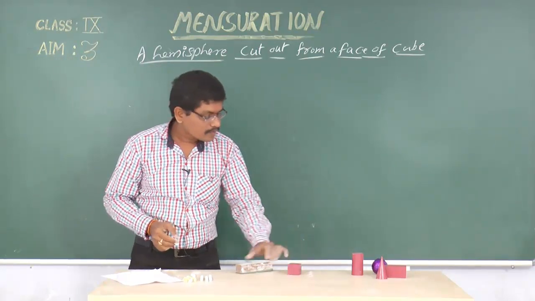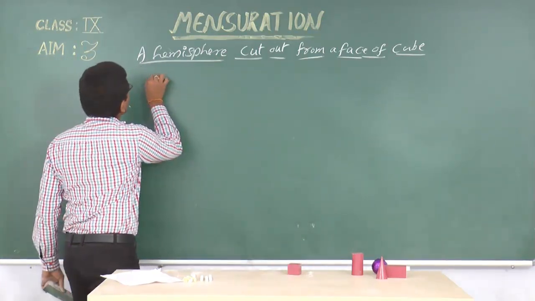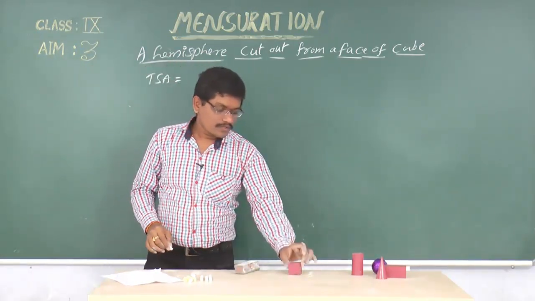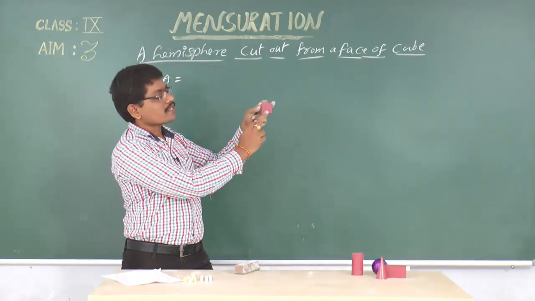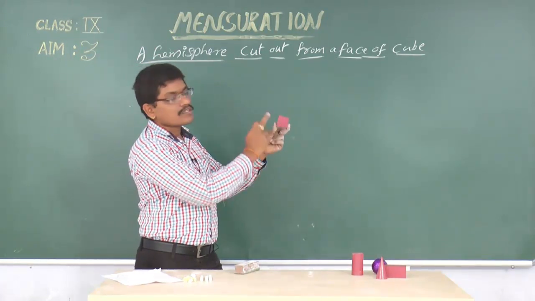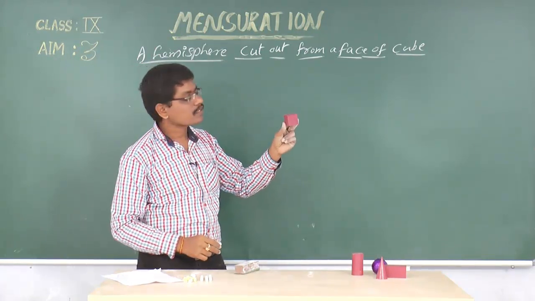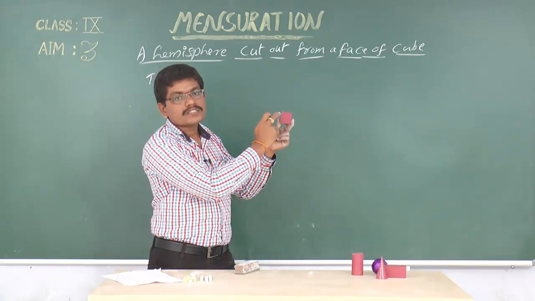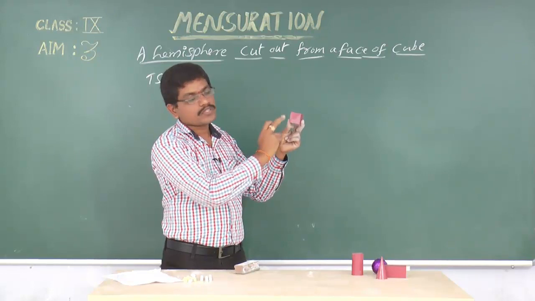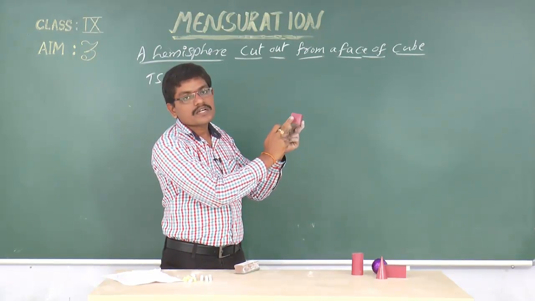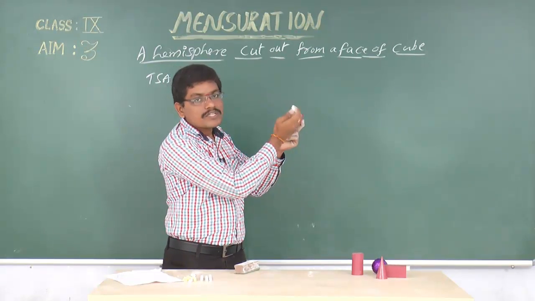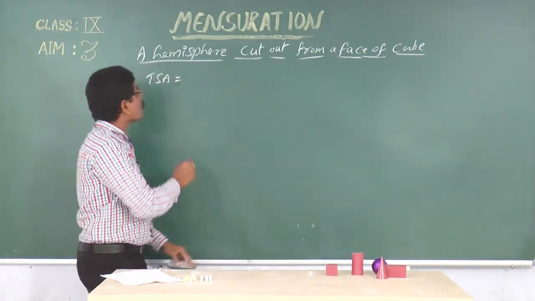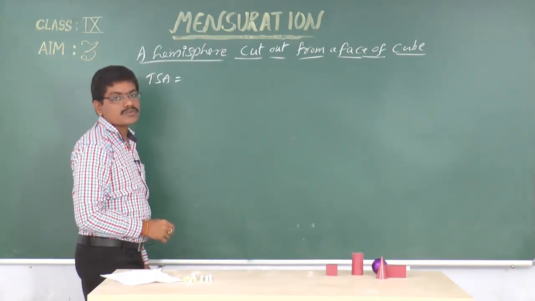So total surface area is equal to, so except this face, remaining 5 surfaces will be there, and here we are cutting one hemisphere, then the circular part will be removed from the surface, and next the hemispherical shape will be there.